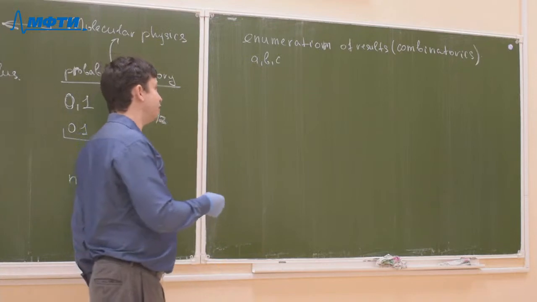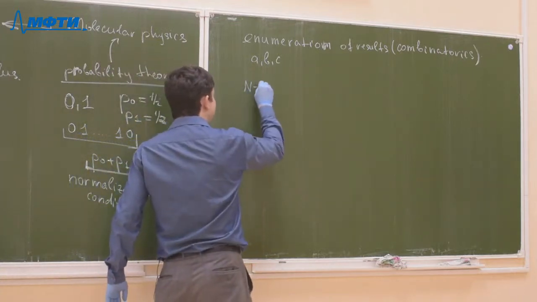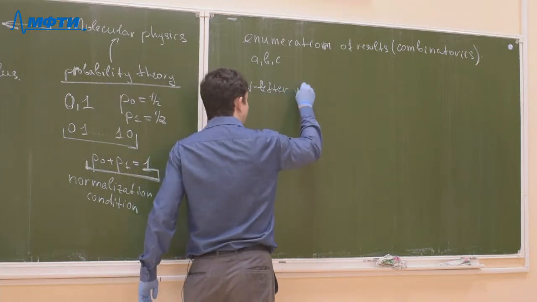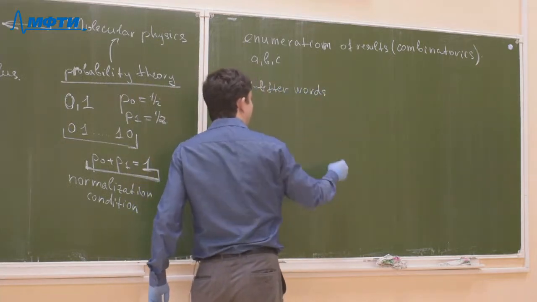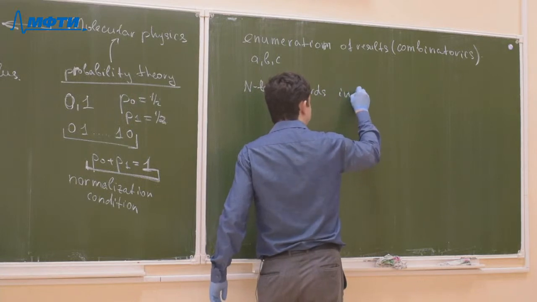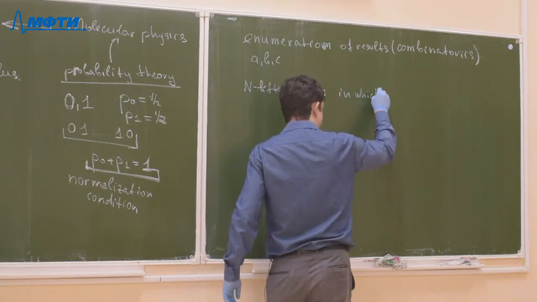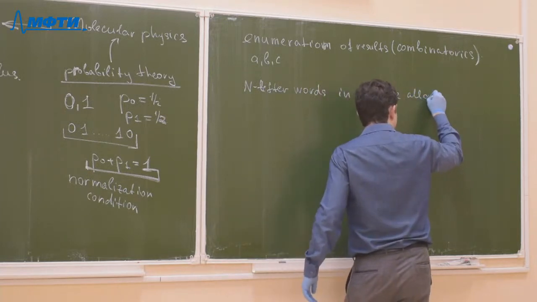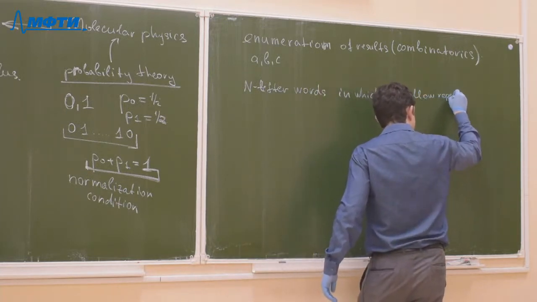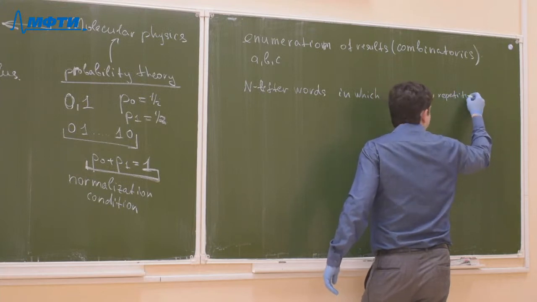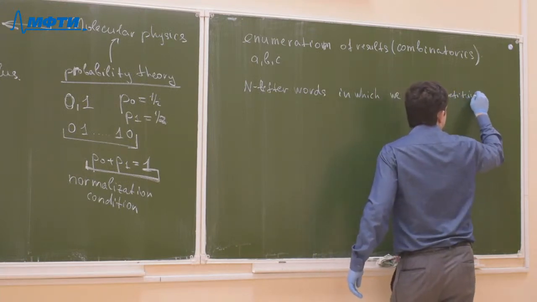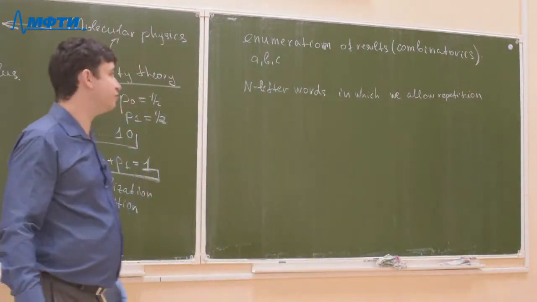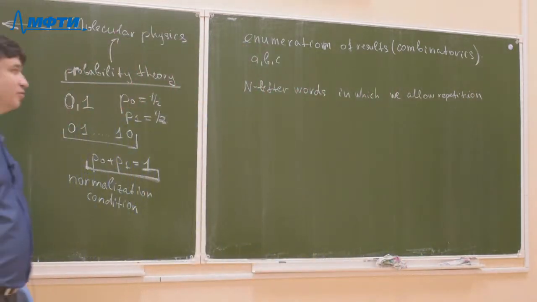Well, first of all, let's consider n-letter words in which we allow repetitions. So that means that the same letter can occur in the same word twice or 3 times or even more.